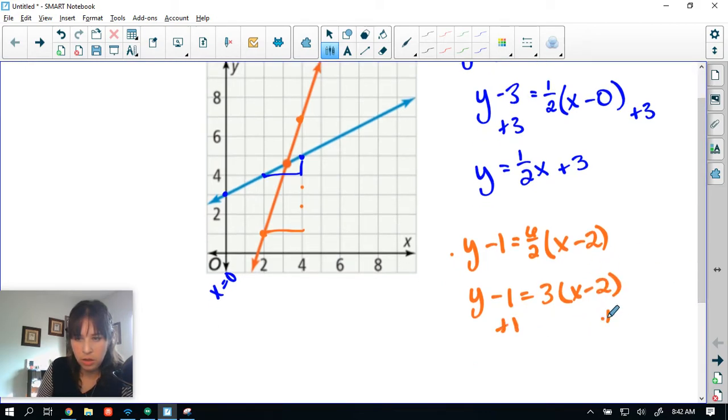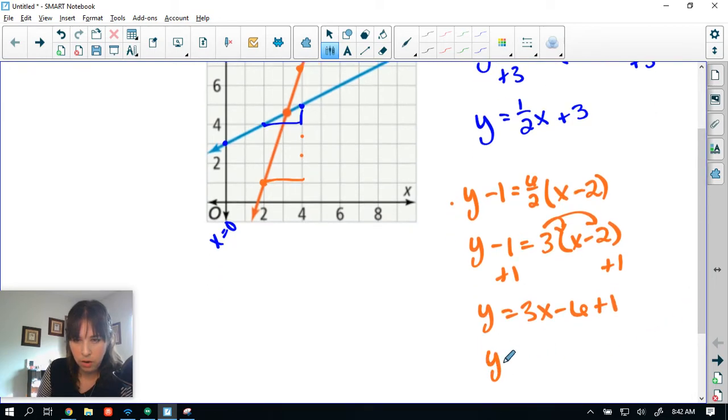Add 1 to each side and distribute the 3. So I'm doing 2 steps in 1 here. 3 times x is 3x. 3 times negative 2 is going to be negative 6 plus 1. So you get y equals 3x minus 5. All right, so I have my 2 equations.